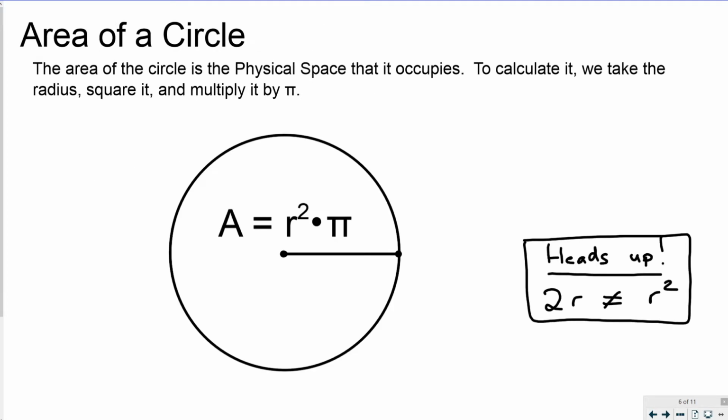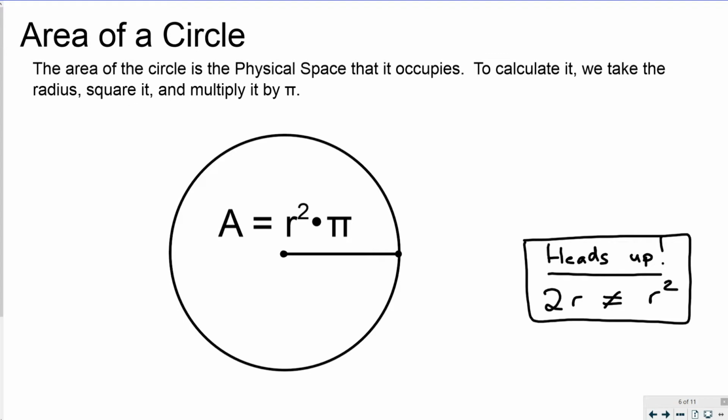The area of a circle is the physical space that it occupies. To calculate it, we take the radius, we square it, so we multiply it by itself, and then we multiply that by pi. And just remember that 2r, so double the radius, is not equal to the radius squared. There is one case where this is true.